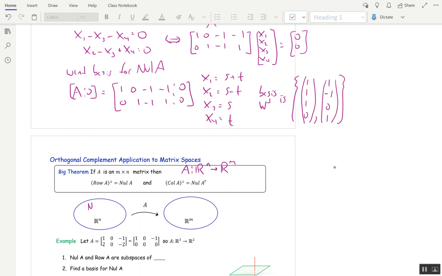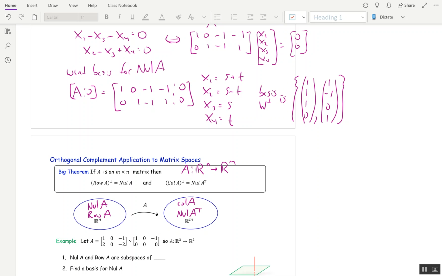Null A lives over here, as does row A. Col A lives over in Rm, as does null A transpose. Sorry, null A transpose.